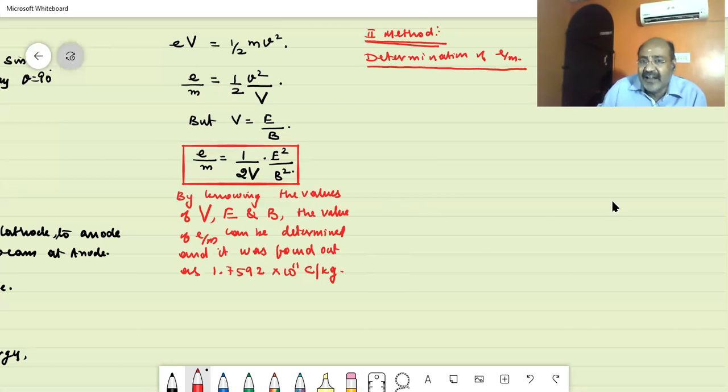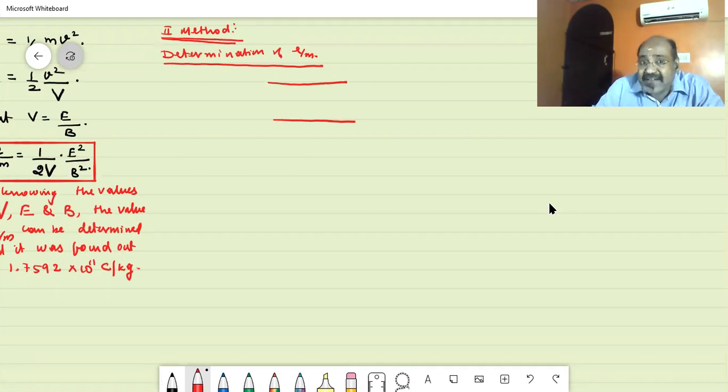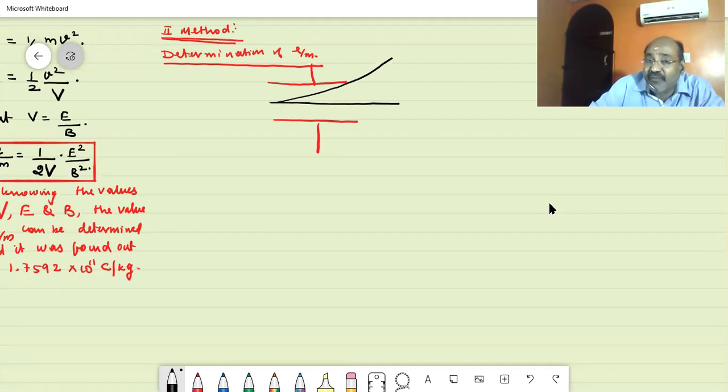So let us consider it as method 2. Here we are going to apply the electrical field alone in between the two plates, making the electron beam get deflected from its original path. We are going to determine the value of e by m.